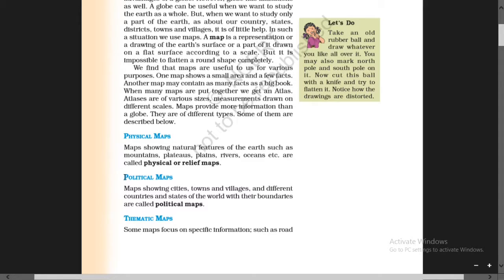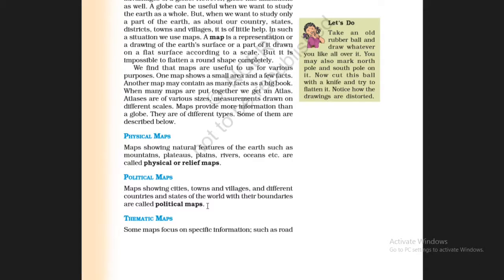Now let us do political maps. Let us see what are political maps. Maps showing cities, towns, and villages and different countries and states of the world with their boundaries are called political maps. Here, physical features are not mentioned.